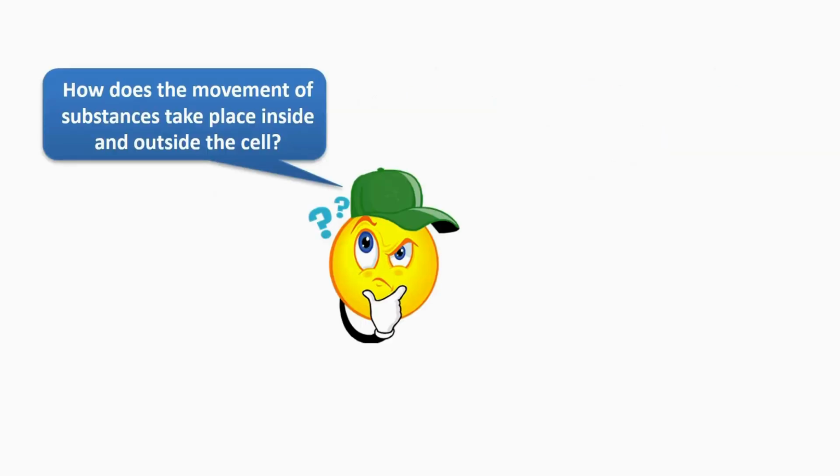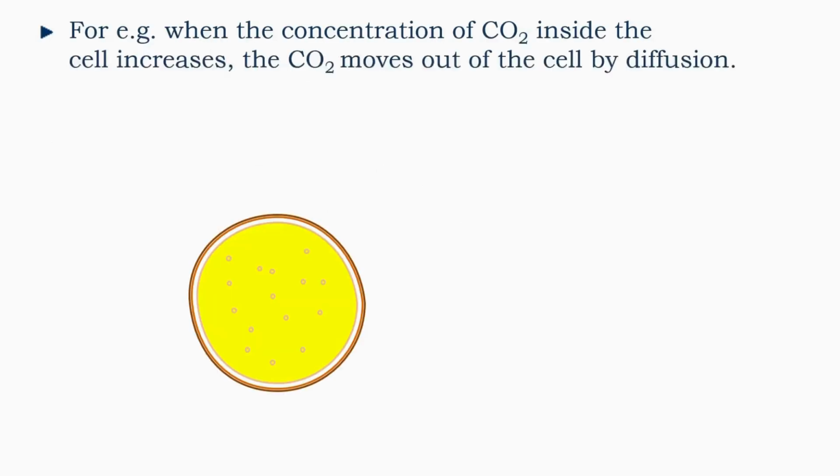How does the movement of substances take place inside and outside the cell? For example, when the concentration of CO2 inside the cell increases, the CO2 moves out of the cell by diffusion.